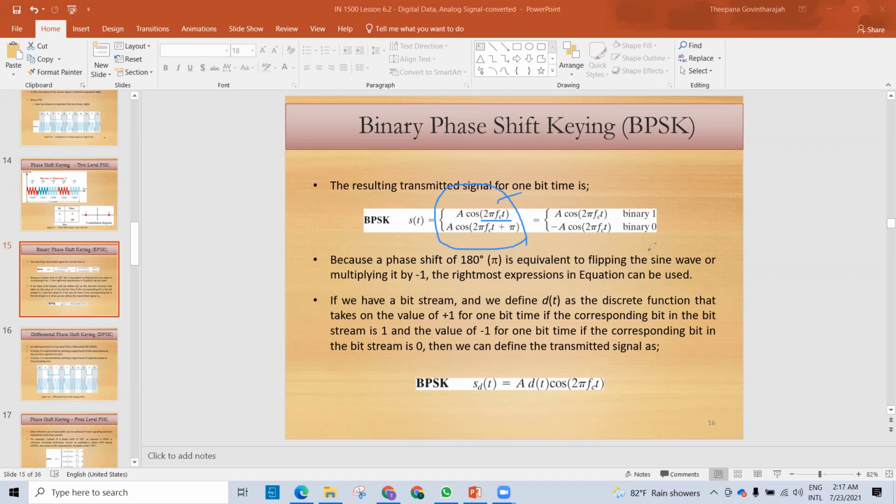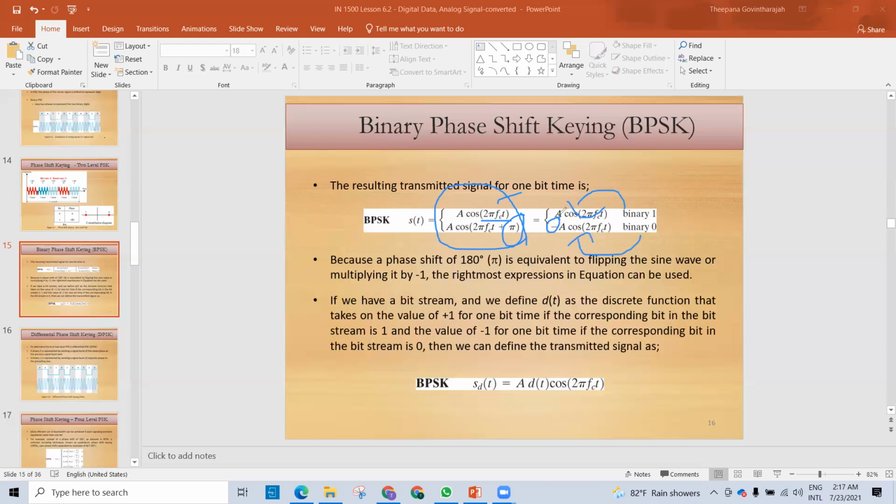And for the binary zero, there's a phase change by 180 degrees. That's why we are adding pi. Pi is 180 degrees, so that is equal to flipping the sine wave, similar to multiplying by -1. So simply we can say binary 1 is A cos 2 pi FCT and binary 0 is -A cos 2 pi FCT.